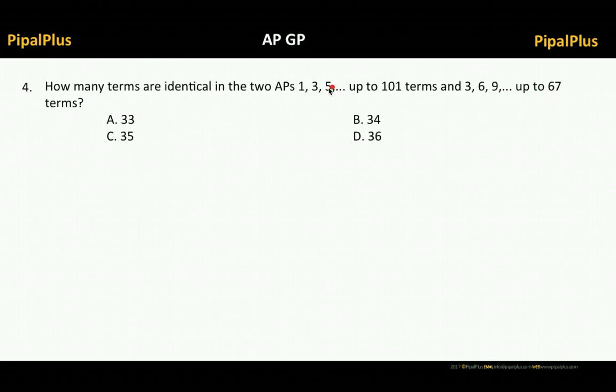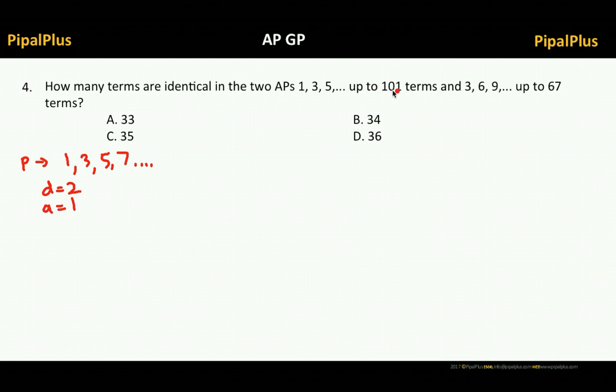Now let's first see what these progressions really are. So the first progression is 1, 3, 5, 7. We notice that this is the series of odd numbers, so the common difference is 2. The first term is 1, right?